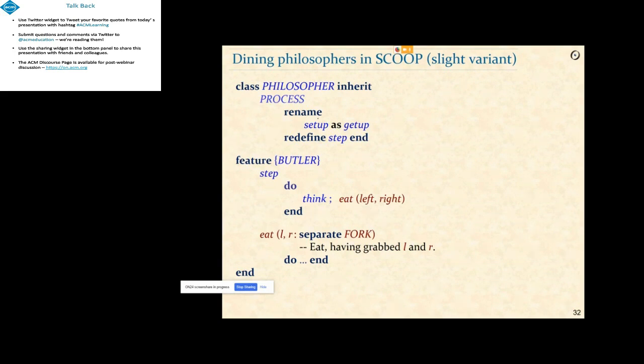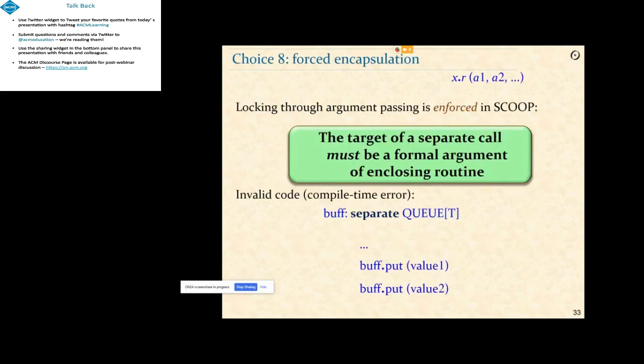So if we want to abstract a little bit from the philosopher case to the notion of process, we use the library class process, which has these mechanisms built in. I'm not going to go into the details here, but I'm mentioning it because many people who have worked in concurrent object-oriented programming have claimed that inheritance is an obstacle. It clashes with concurrent mechanisms, and in fact it doesn't. It actually helps us.